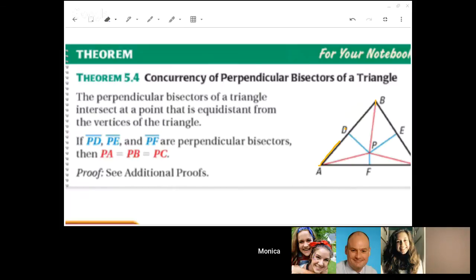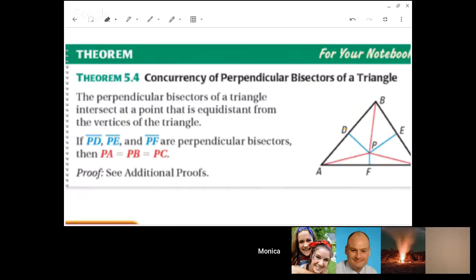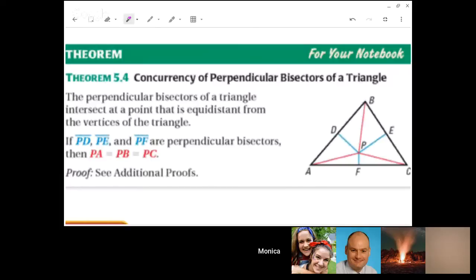The perpendicular bisectors of a triangle intersect at a point that is equidistant from the vertices of the triangle. So how can we use that information to find a point that is equidistant from the vertices? If we compare it to this picture here, then your points A, B, and C are where your restaurants are, okay? So how can we figure out where this point is located on that other map?